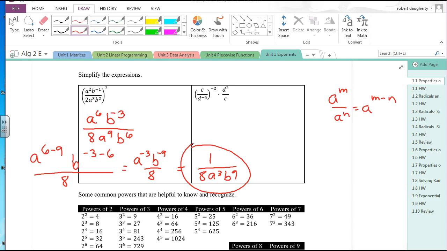Now, there are other ways to have done this problem. I could have simplified my a's and b's at the very beginning and then cubed everything as the last step. So let's try it that way. This is a to the 2 minus 3, b to the negative 1 minus 2.